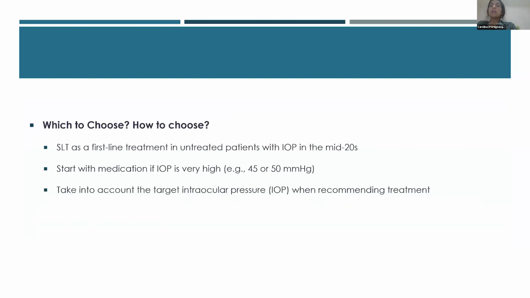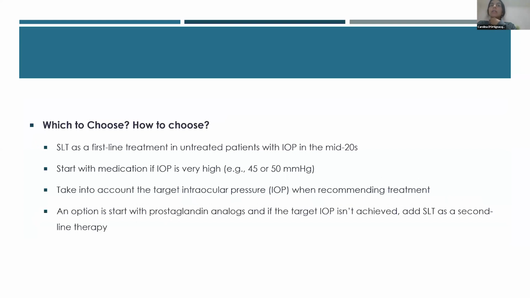Take into account the target intraocular pressure when recommending treatment. An option is to start with prostaglandin analogs, and if the target IOP isn't achieved, add SLT as second-line therapy. So it's also another kind of treatment.